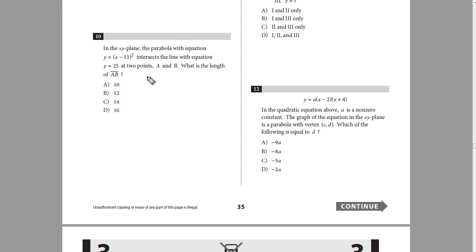So what we will do here, we will find out the two coordinates. This is the y-axis, this is the x-axis. Y is equal to 25 would be somewhere here. And the parabola is like this.